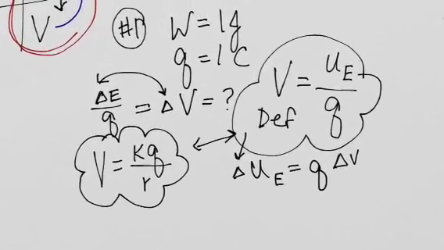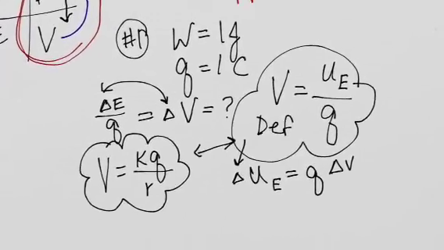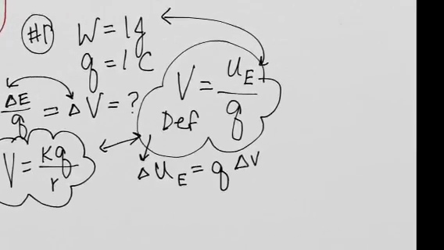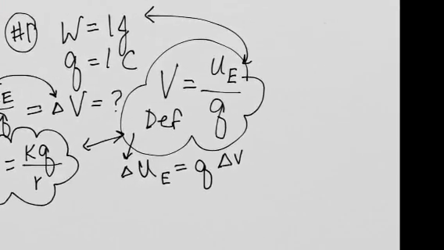Once you have your equation selected, it's not that hard. You know that work and change in potential energy are basically the same thing. And so now we're left with a very simple equation where if we're looking for our change in electric potential, it's simply equal to the change in energy over the charge.